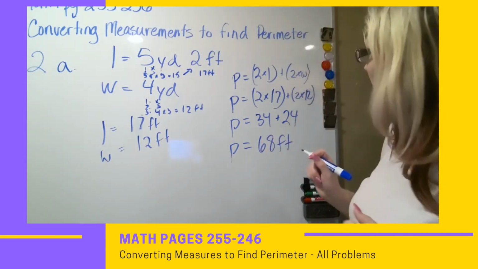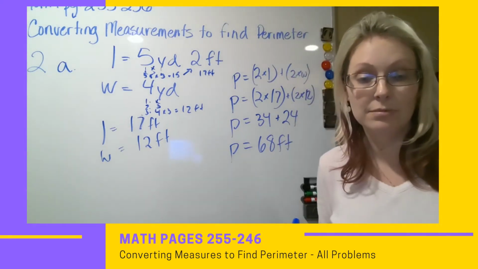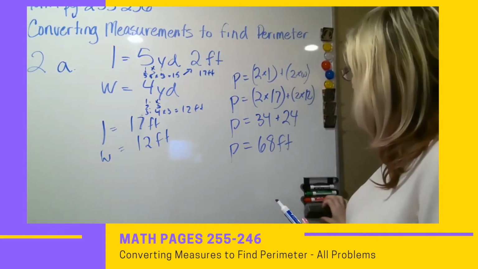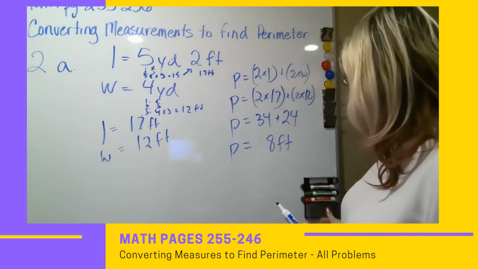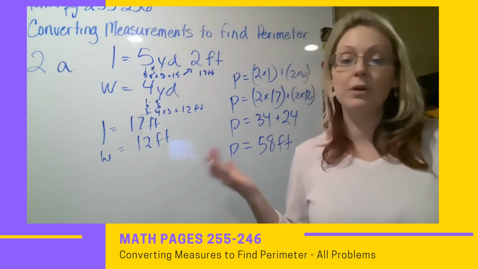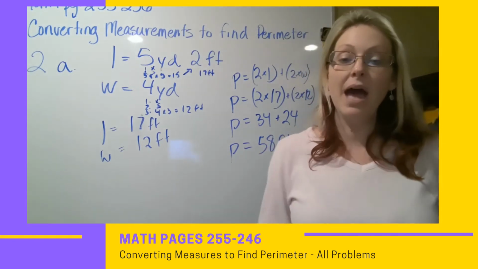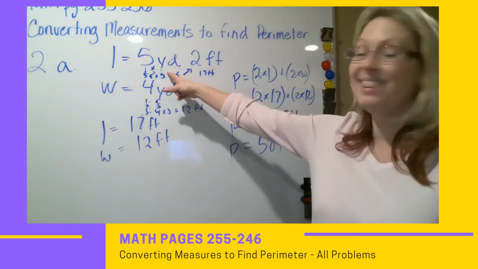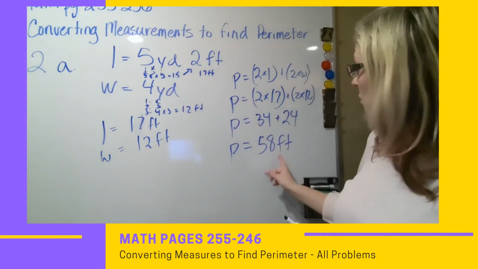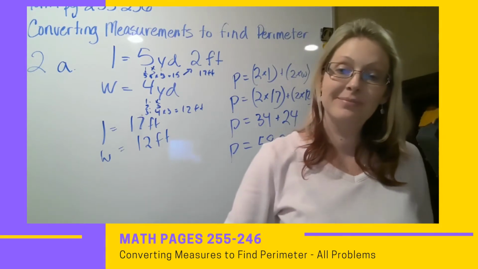Wait. Haha. I'm wrong. What did I do wrong? Figure it out. 58. You're right. I'm not counting right. Sometimes my brain doesn't work either. It's okay. But thanks for catching that. Okay, so we have our perimeter of this rectangle. We now broke it down and we know that it's 58 feet.